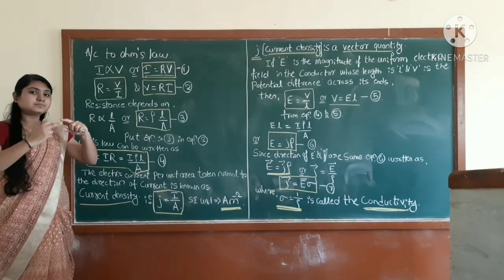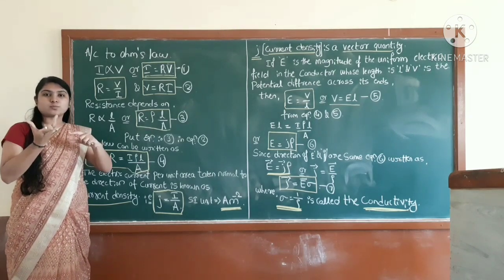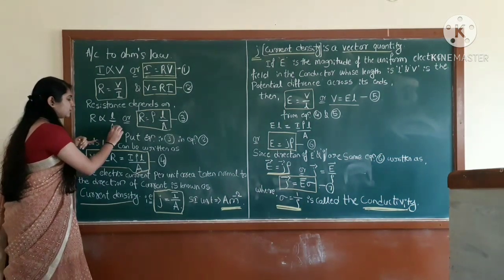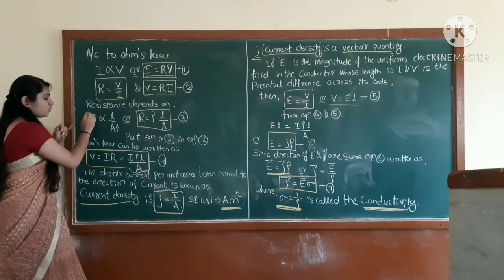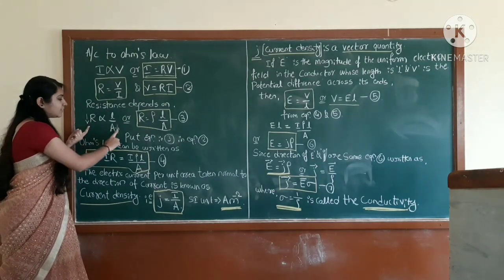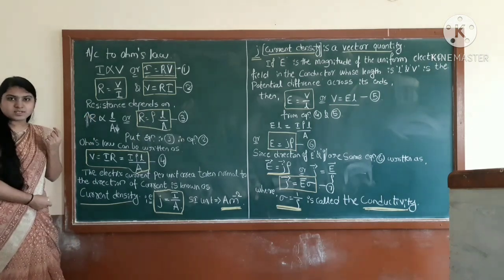See, when the area of the conductor or wire becomes more, resistance decreases, because they are inversely proportional. And if the area decreases, then resistance starts to increase, correct?